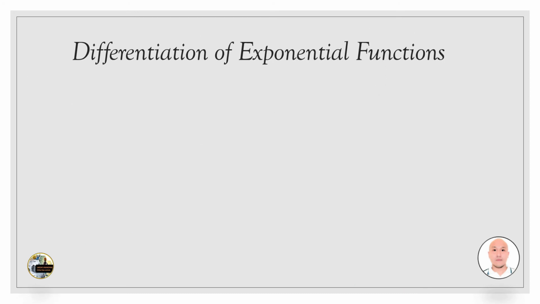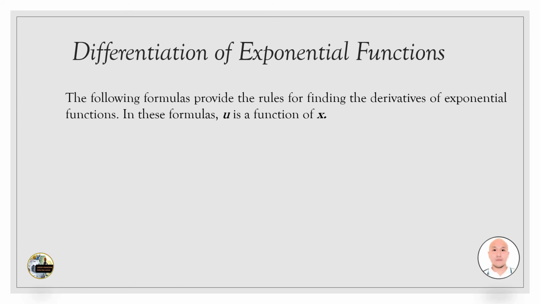Our next topic is differentiation of exponential functions. The following formulas provide the rules for finding the derivatives of exponential functions. In these formulas, u is a function of x. Formula number 1: d over dx of a raised to u is equal to a raised to u times ln a times du over dx.